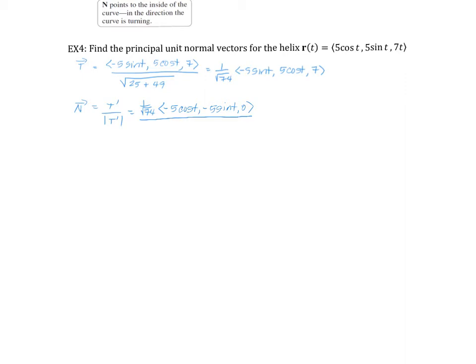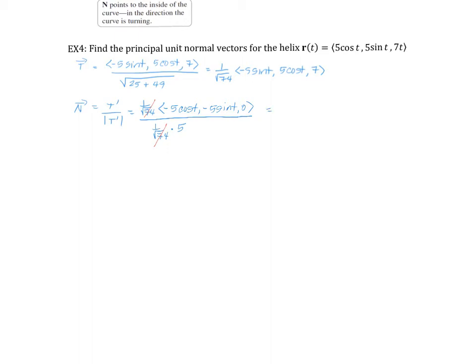So the magnitude is 1 over the square root of 74 times the magnitude of this vector, which is the square root of 25, or 5. Notice that the 1 over the square root of 74 is going to cancel.